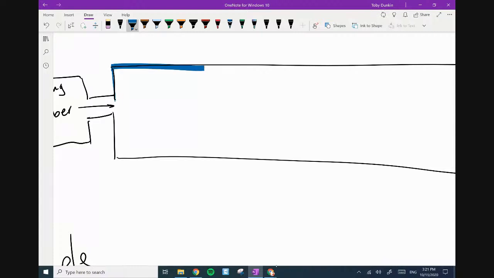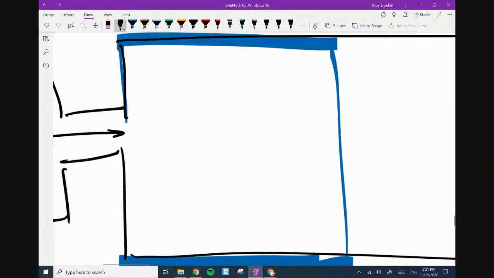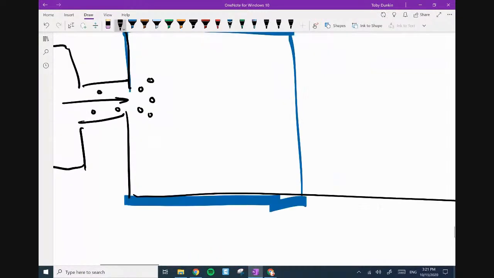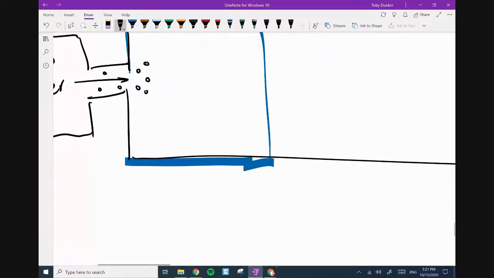You can imagine the gas particles trickling out into this area through diffusion. This is now called the ionization chamber.